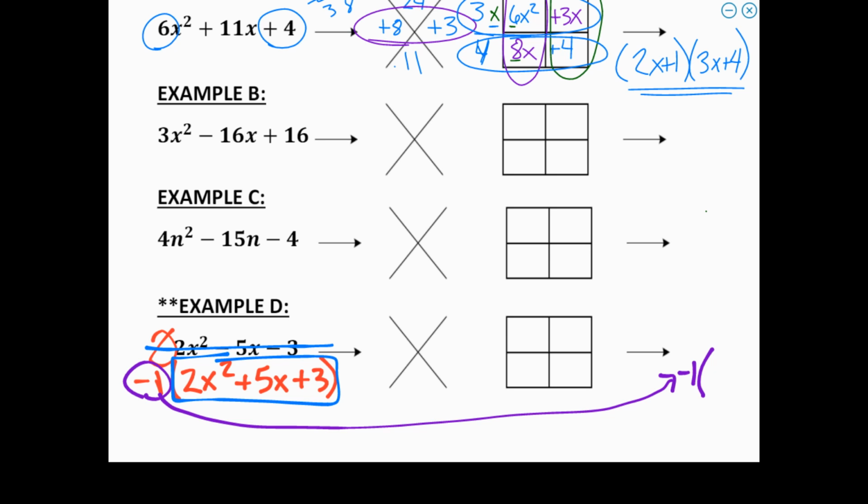Okay. So 3 times 2 is 6, and then 5, and my factors, well, are 3 and 2 because they add together to give me 5 and multiply to give me 6. So in my box, I've got 2x squared because I'm using my new factor with the -1 factored out.